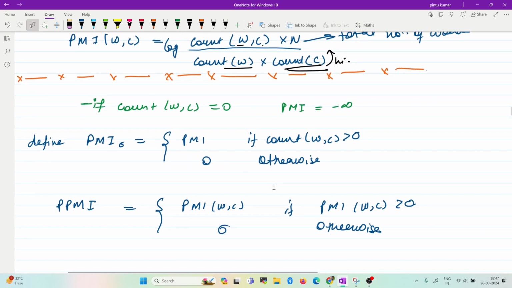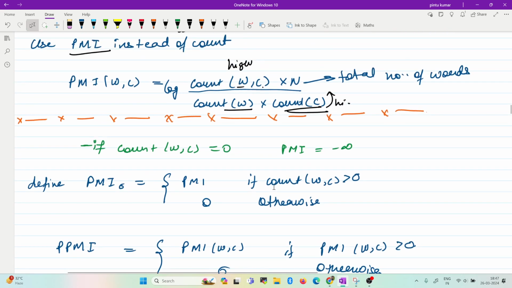Now, if you look at the definition of PMI, there is a term count of W comma C. There is a possibility that the count of W comma C is 0. For example, a word like telephone and a word like soil.